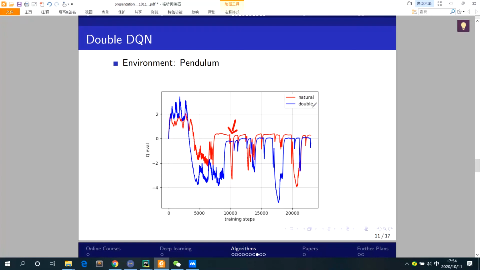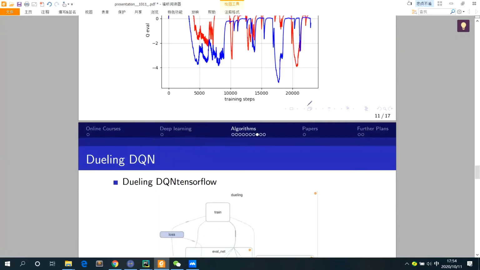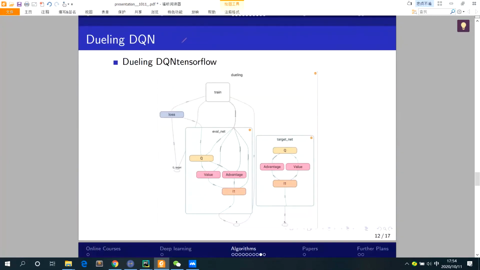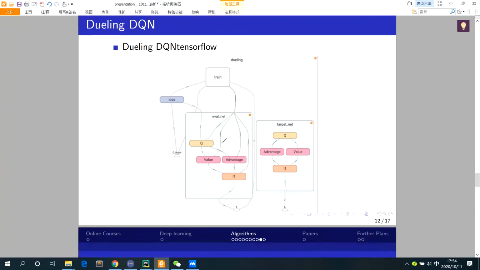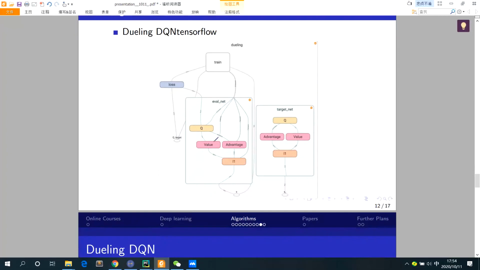And another modified DQN method is dueling DQN. What is different from natural DQN is here. We can see the structure of the neural network is totally the same, but what is different is inside the neural network. In dueling DQN, we divide the Q function into two parts.